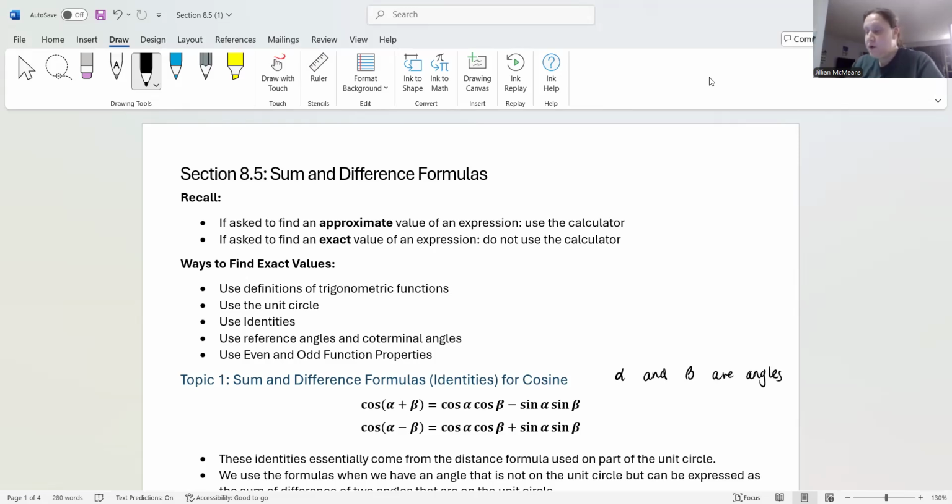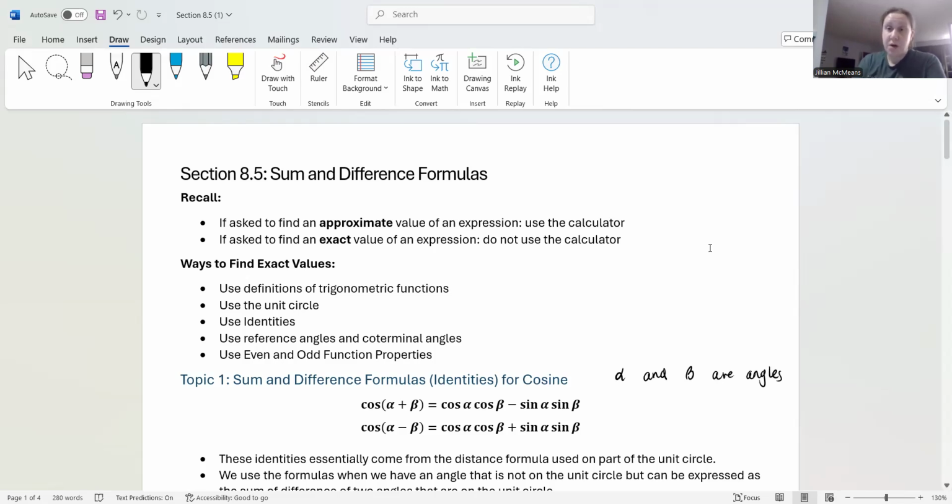Now, if it can't be broken into a sum, perhaps you could break it into a difference. Is there a way we could subtract two angles and get what we're starting with? If you can rewrite your angle as alpha minus beta, then we take cosine alpha times cosine beta and add sine alpha times sine beta.